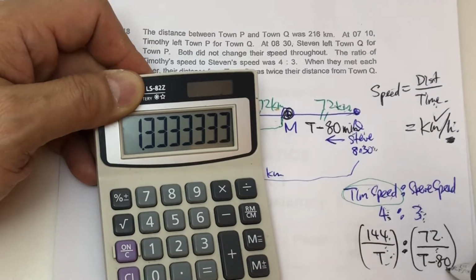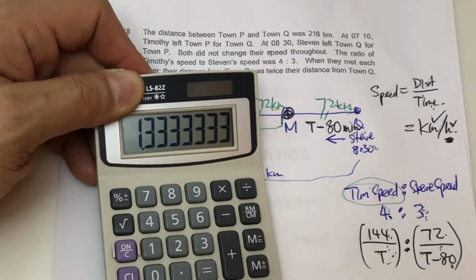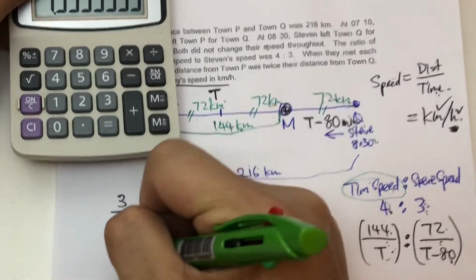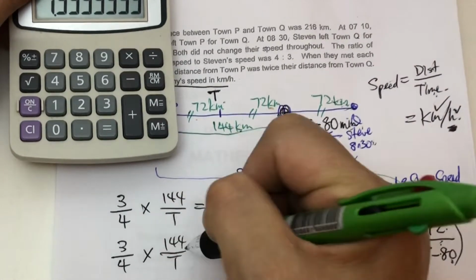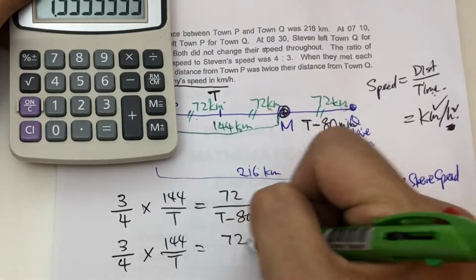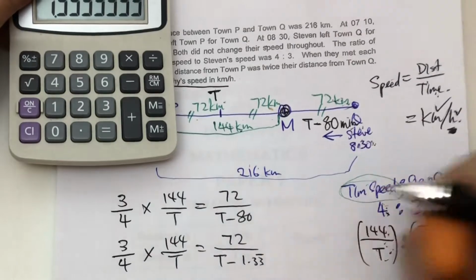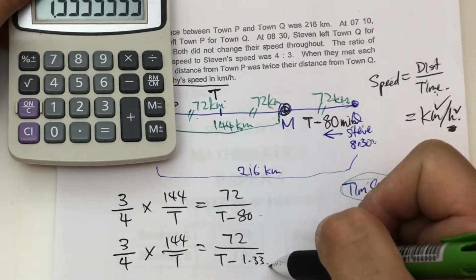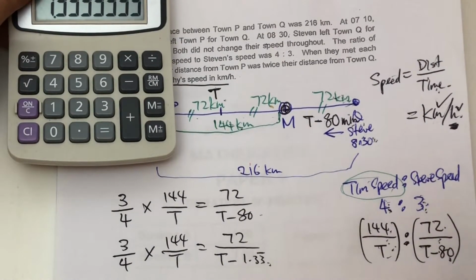So I'll change 80 minutes into 1.33 hours. So I'm just going to write this down again: 3 over 4 times 144 over t equals 72 over t minus 1.33 recurring. Changing the 80 minutes into hours, my final answer will then be in hours rather than minutes.